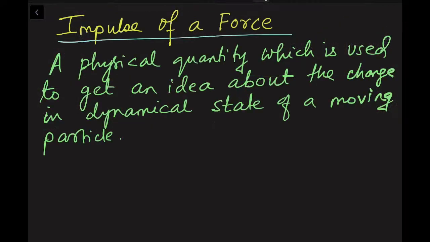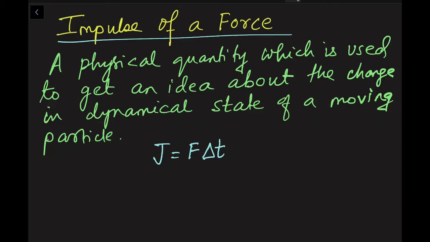Impulse of a force is a physical quantity which is used to get an idea about the change in dynamical state of a moving particle. This is called impulse of a force. And if you want to write it mathematically, impulse is denoted by the letter J. It is simply product of force into delta t.